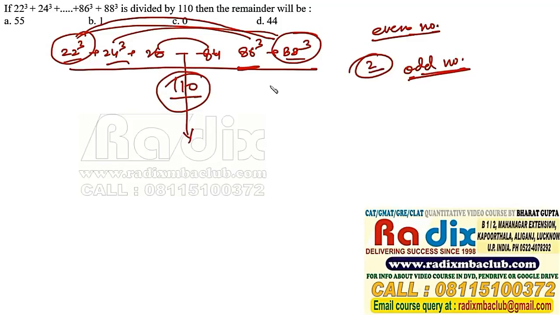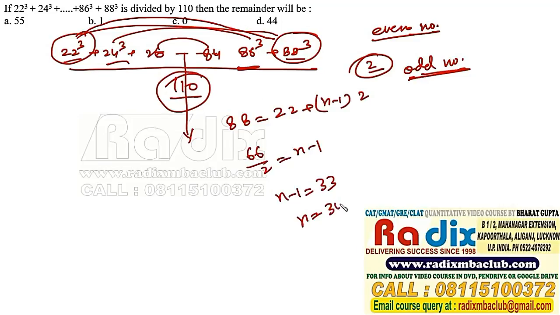So first of all, we will check how many terms there are, starting with 22: 88 equals 22 plus (n minus 1) into 2. This is 66 divided by 2, equals n minus 1. So n minus 1 is 33, and n is 34. So there are 34 terms, and it will leave 0 remainder because every pair will be divisible by 110. Answer is option C.